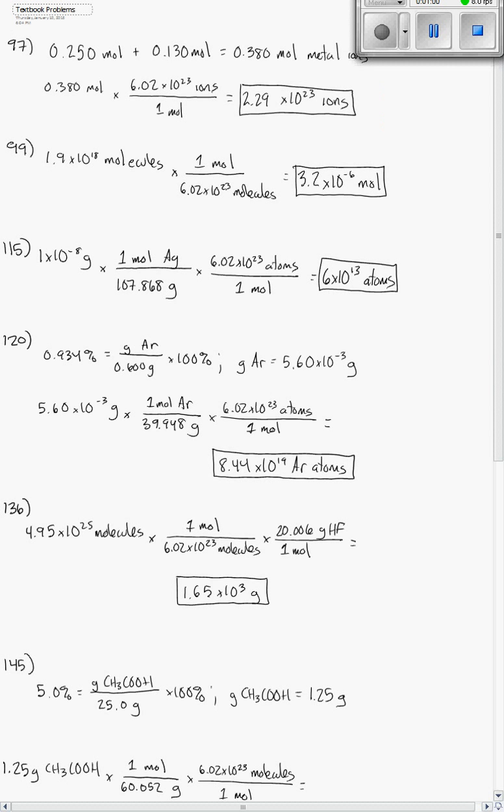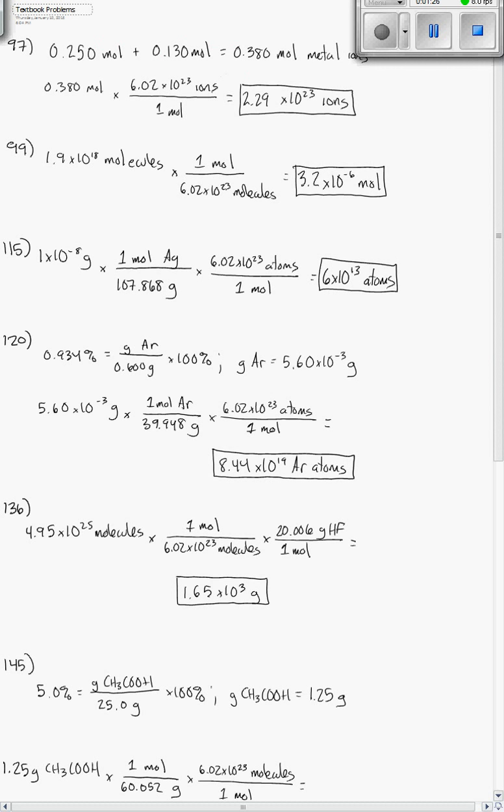You can figure out the total number of moles by simply adding the number of moles in each beaker together. So that's what you do in this first step up here, 0.250 plus 0.130. From there, after you get the total moles of metal ions, you can use Avogadro's number, this 6.02 times 10 to the 23rd, to go back and forth between moles and ions. So that gives you your final answer for number 97.